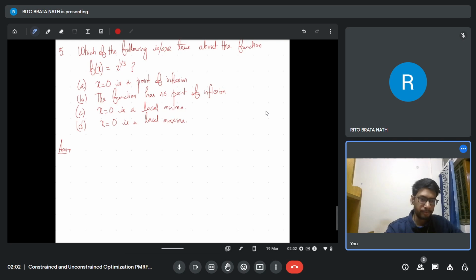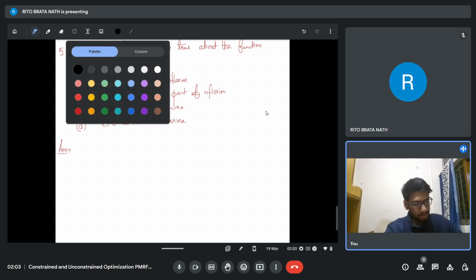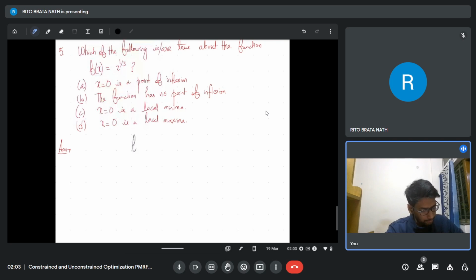So if the second derivative is 0, then it's a point of inflection, but again it depends on whether the third derivative is non-negative, sorry, non-zero or not. Anyway, let me write down the function expression, which is f(x) equals x to the power 1 by 3. So let me check how to solve this problem.